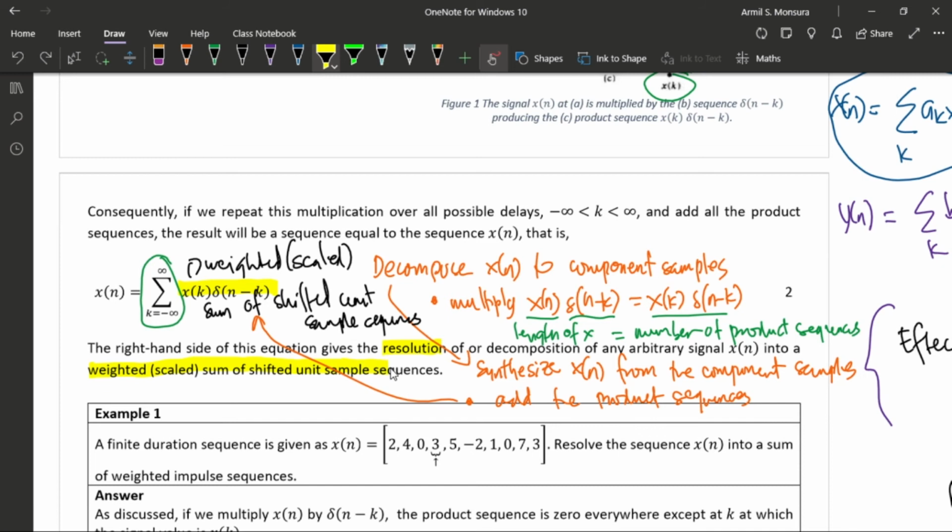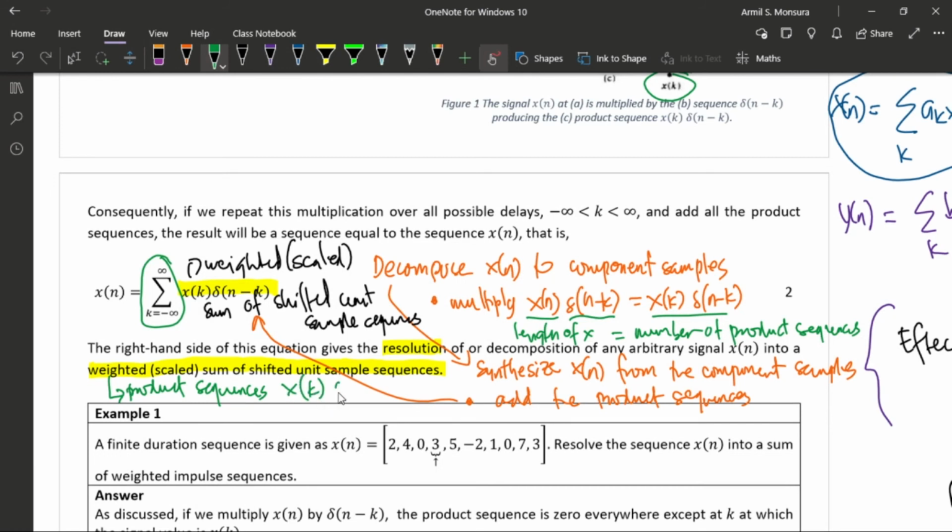Yun yung tawag natin ngayon dun sa product sequences natin. So, this is what we will use. This is an alternative term that we can use for your product sequences.